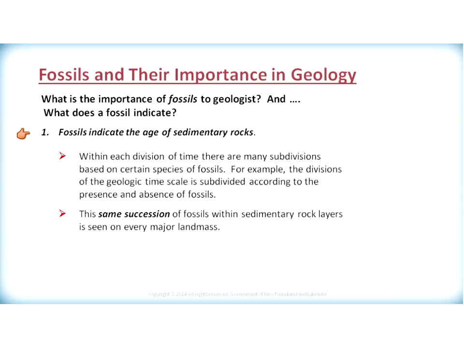Within each division of time, there are many subdivisions based on certain species of fossils. For example, the divisions of the geologic timescale are subdivided according to the presence or absence of certain fossils. The same succession of fossils within sedimentary layers is seen on every landmass worldwide.